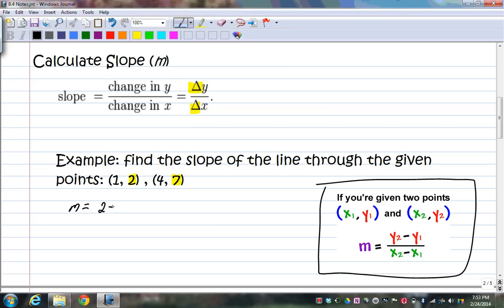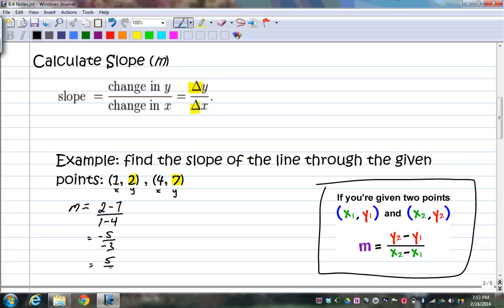So I'll say 2 minus 7 over the change in the x values, 1 minus 4. Because again, this is x, this is y, this is x, this is y. Okay? 2 minus 7 is a negative 5 over 1 minus 4, which is a negative 3.